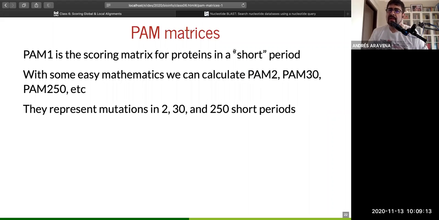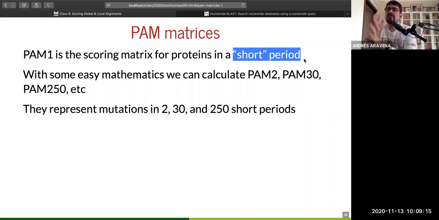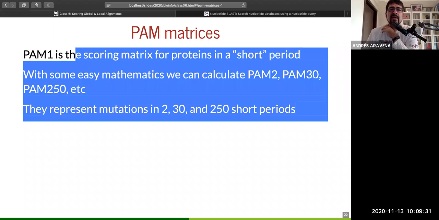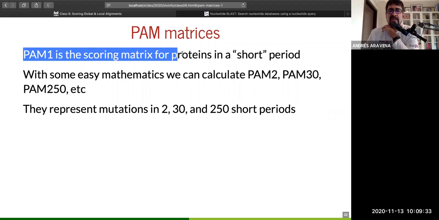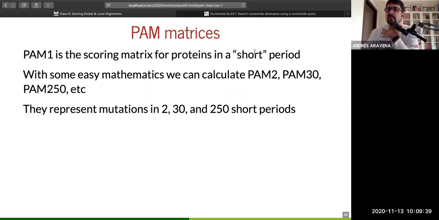It is not very clear what a short period is, because evolution times can be different, but to fix ideas, let's say that in 1,000 years, you have one amino acid changing. So what she calculated was the chance of changing from every amino acid to another amino acid in a short period of time, 1,000 years, let's say.